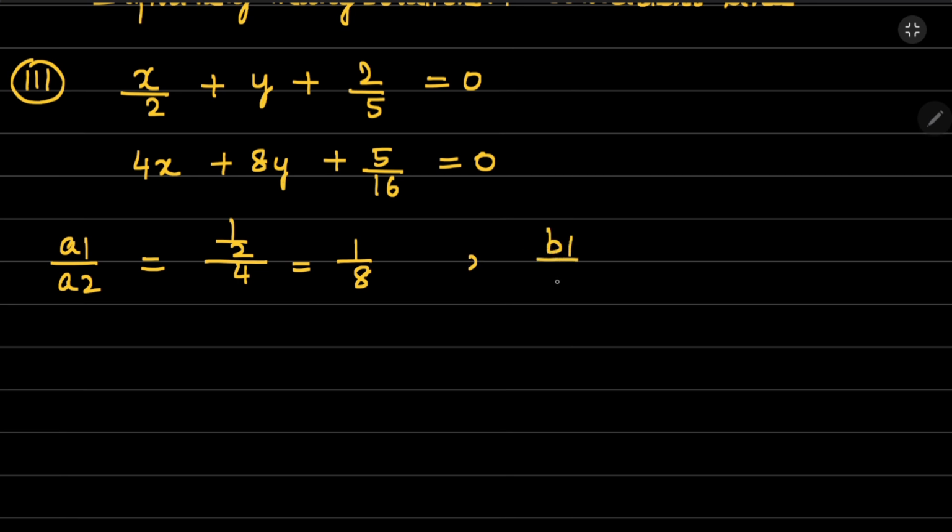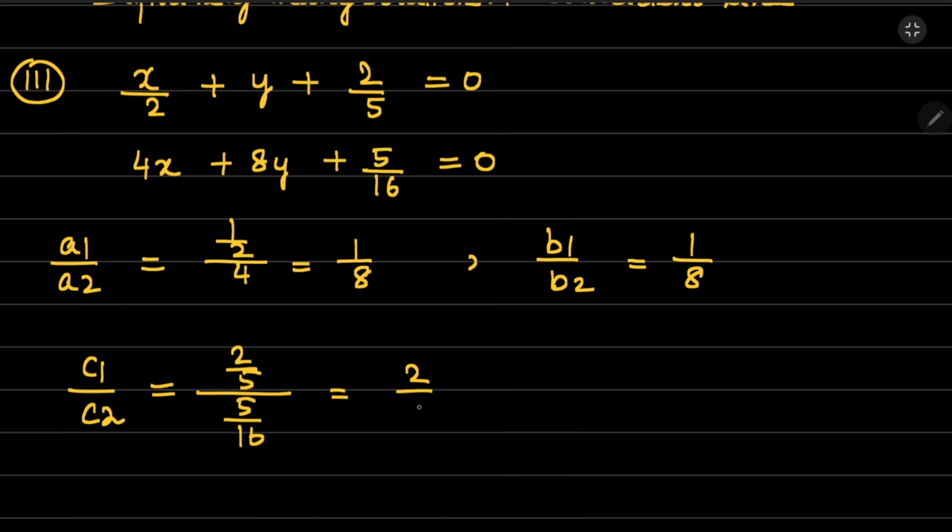What is b1 by b2? It is also 1 by 8, as you can see. And what is c1 by c2? It will be equal to 2 by 5 divided by 5 by 16. So this is nothing but 2 by 5 multiplied by 16 by 5. I don't think you can cancel it, so you have 32 by 25.